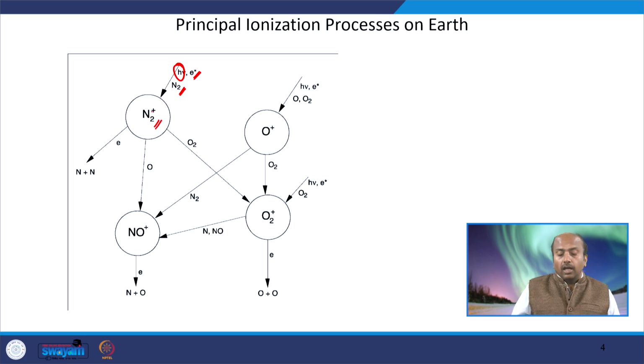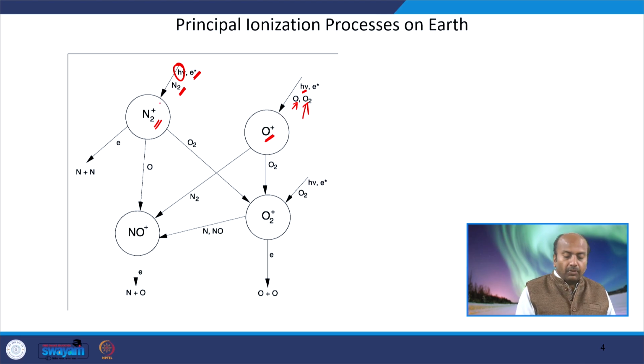This is a molecular ion, which means the energy required must be of the order of X-rays or ultraviolet radiation. Another principal ionization process is a photon interacting with atomic oxygen or molecular oxygen, dissociating and then forming the NO plus ion.